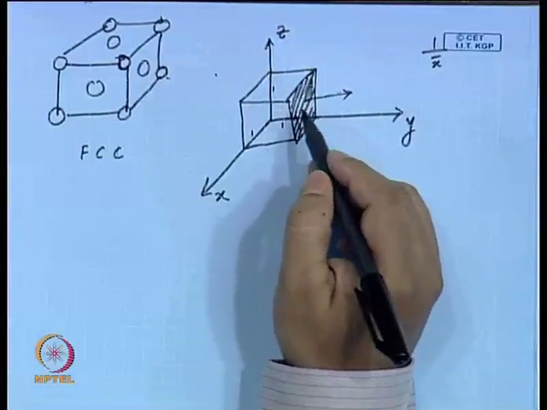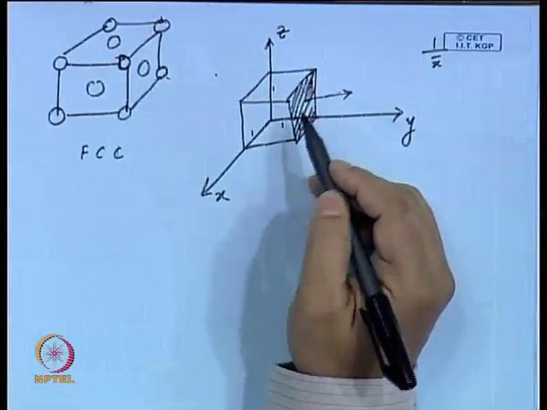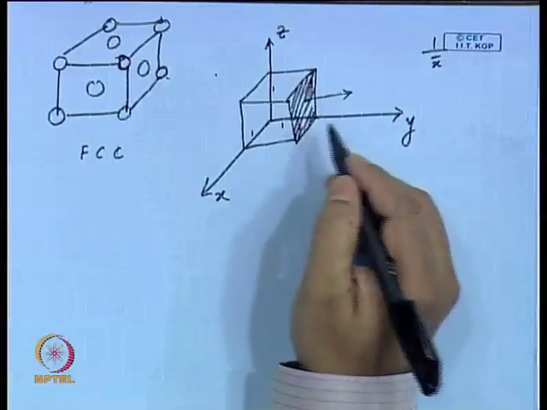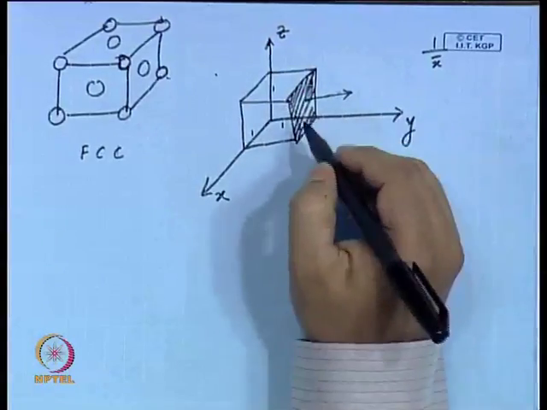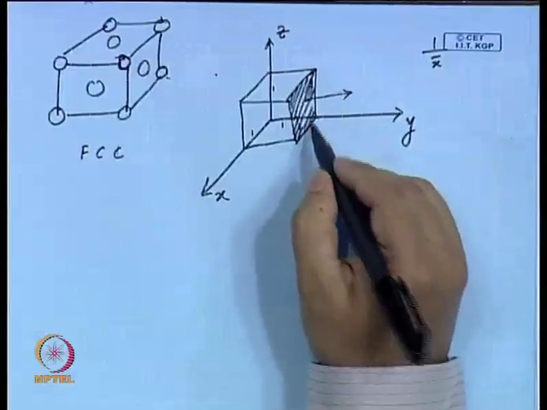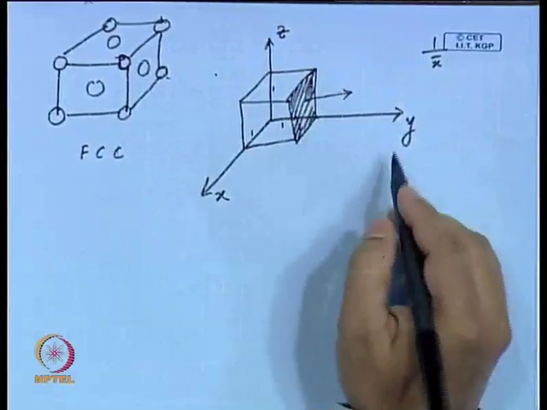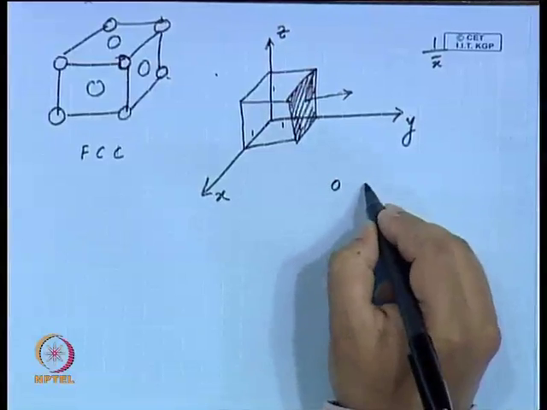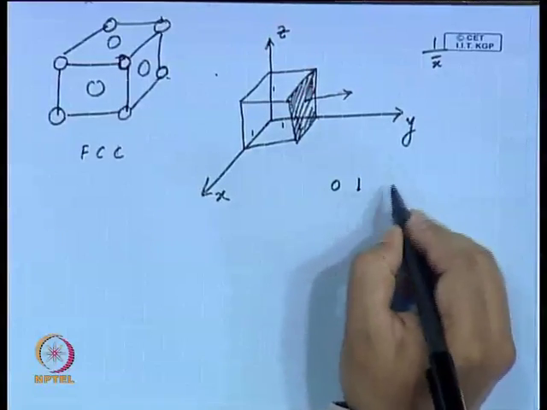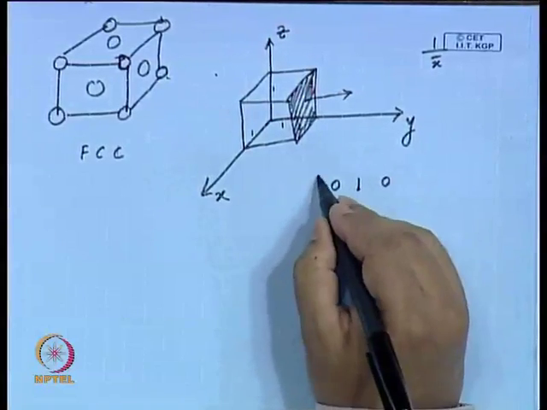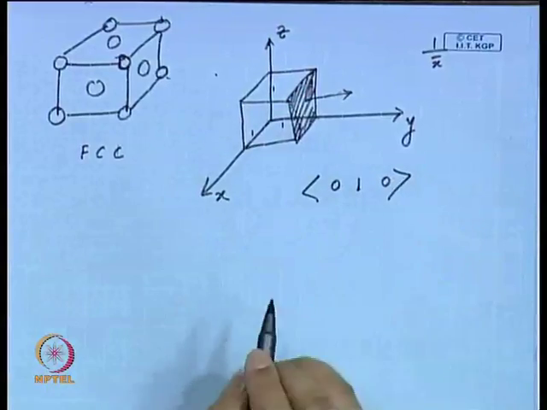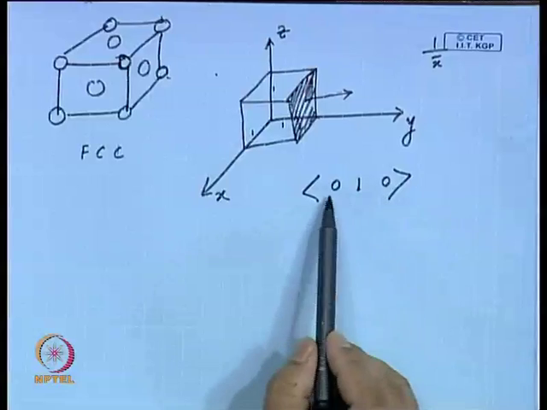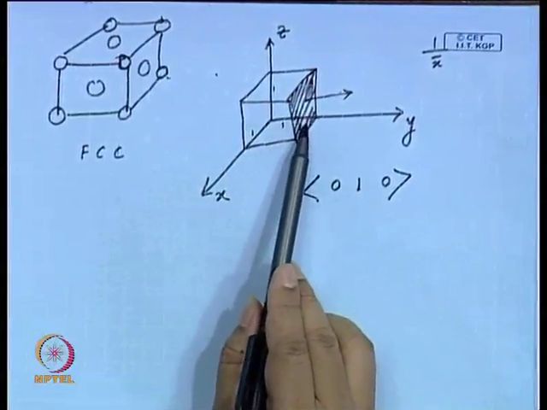So, that means, you can say it cuts at infinity as far as intercepting the z axis or x axis is concerned. So, if I take the reciprocal of this intercept, I see that only I have y present there, x is 0, y is there as 1 and z is 0. So, these particular 0, 1, 0 defines this plane.